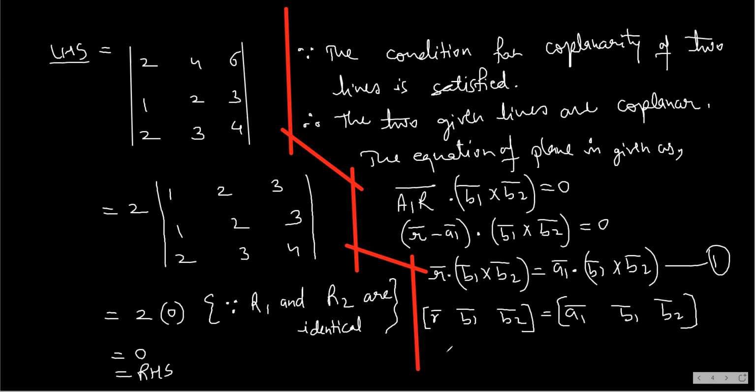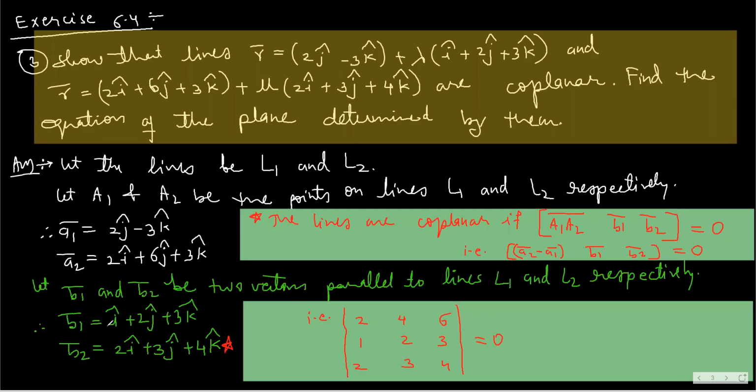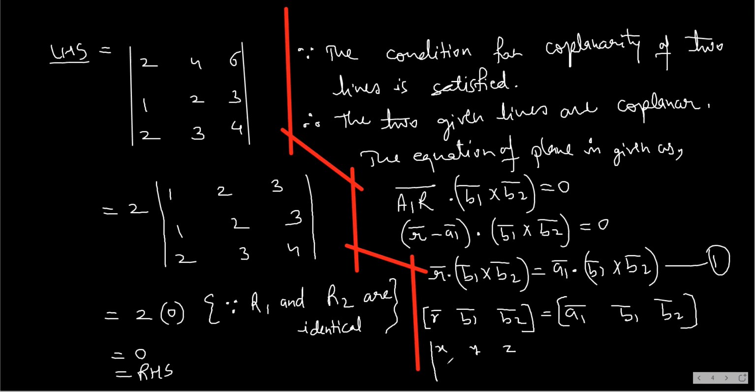Now R bar is x, y, z. B1 bar you already know. This is 1, 2, 3 and 2, 3, 4.